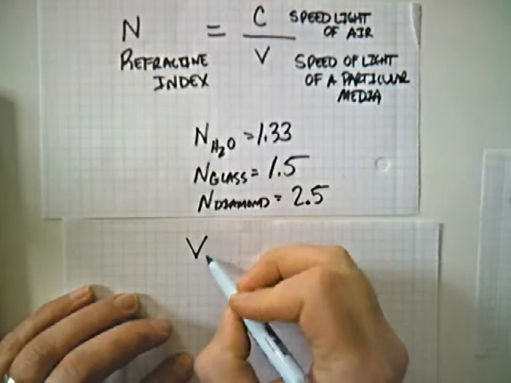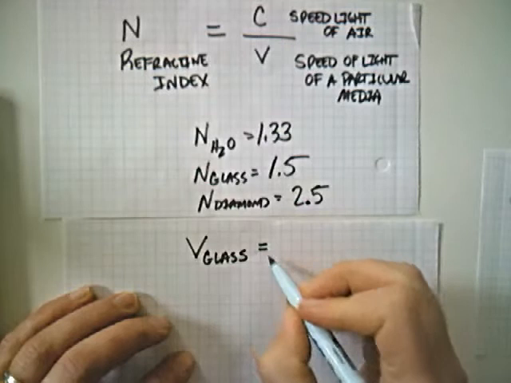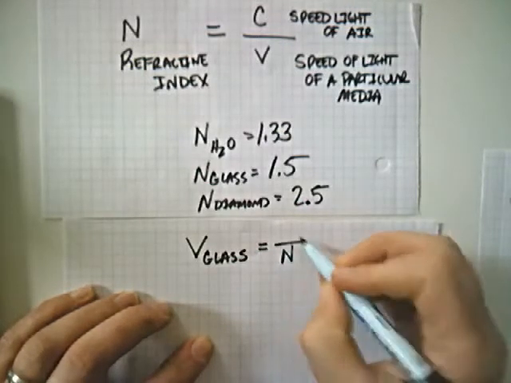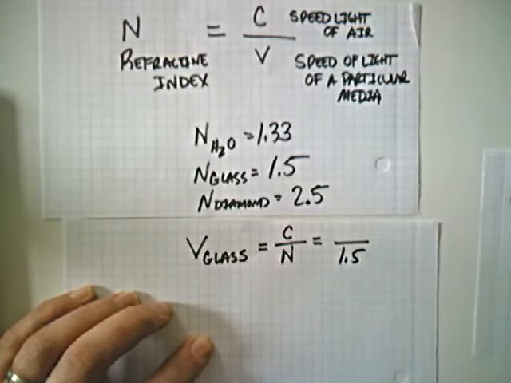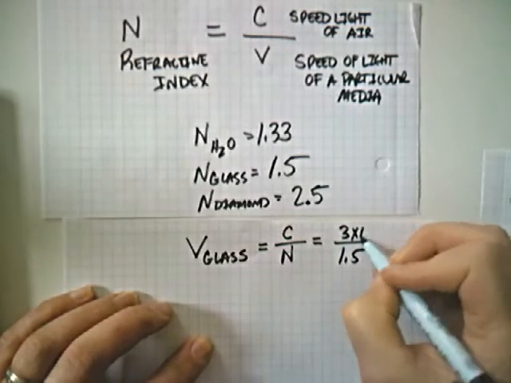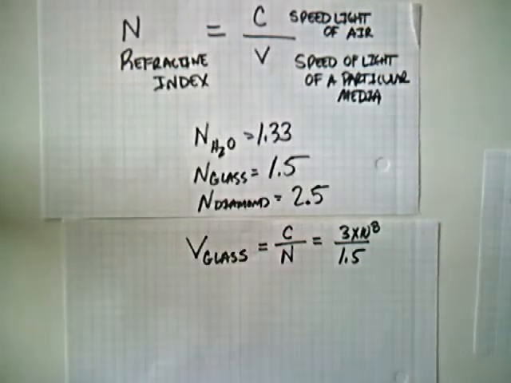So what about V in glass? We already know it's going to be even more of a change because it has a bigger N value. So if I put 1.5 in for N, and I put in the speed of light up here, what's going to be the speed of light in glass? So I'm going to do 3E8, and then I'm going to put in my N value of 1.5, and I'm going to divide.